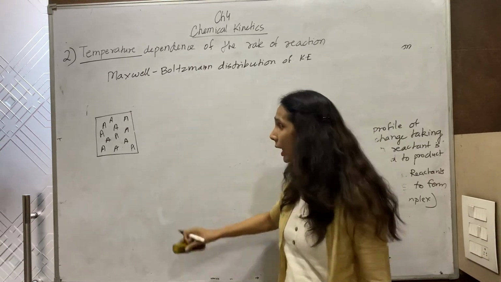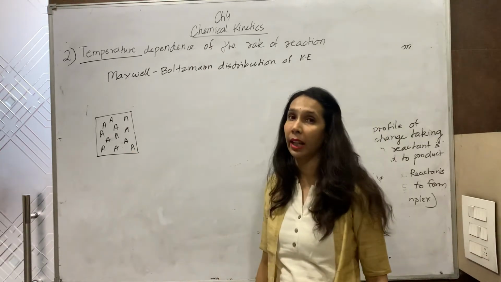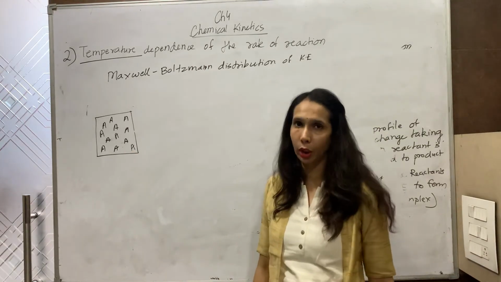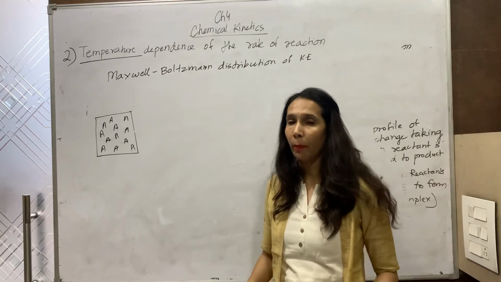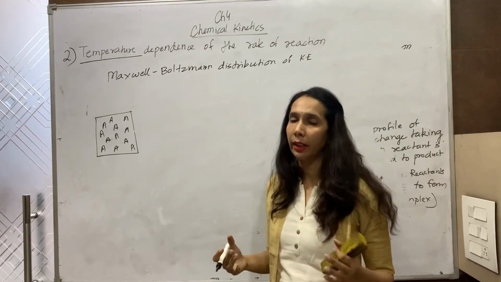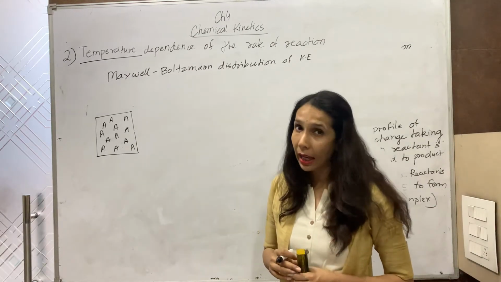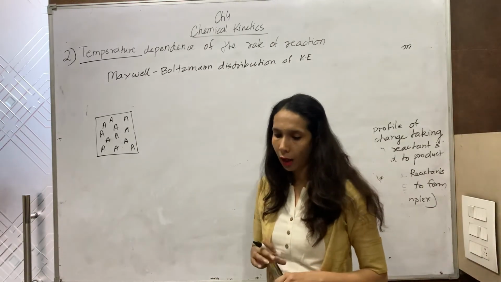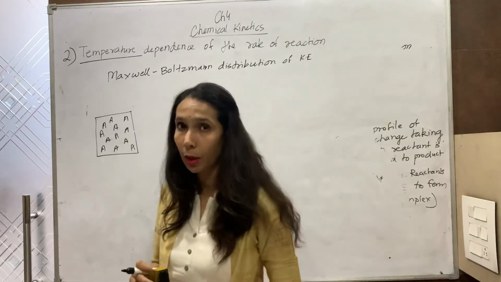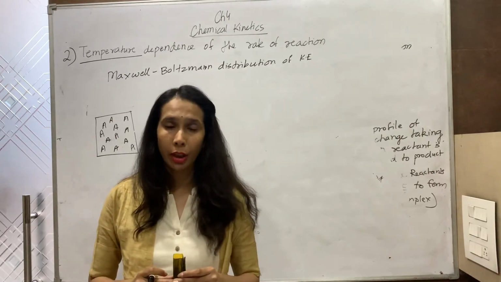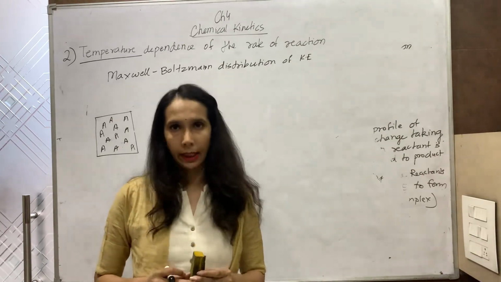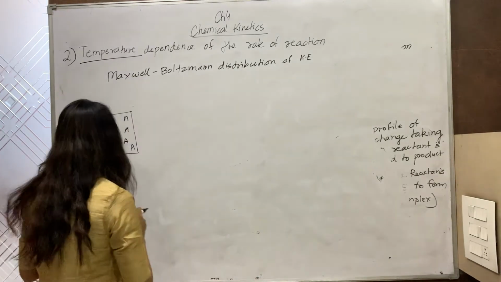Again I am repeating, it is not possible to determine the kinetic energy of each and every molecule. So they applied statistics and determined the kinetic energy of the fraction of molecules. And they plotted a graph between fraction of molecules possessing particular kinetic energy and kinetic energy. Now pay attention to this.